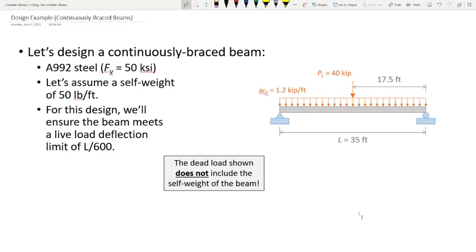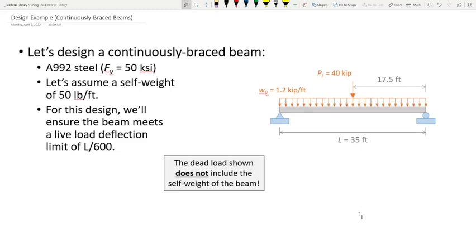So we have a distributed load of 1.2 kips per foot. We have a live load of 40 kips applied at midspan. What you do not do is take that 40 kips and divide it by 35 and just spread it out over the beam and use wL squared over 8. You do not do that, because that means you are spreading the load out inappropriately.